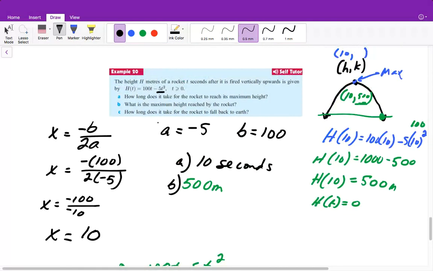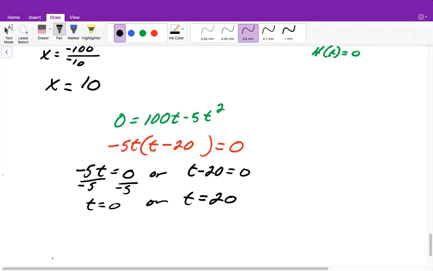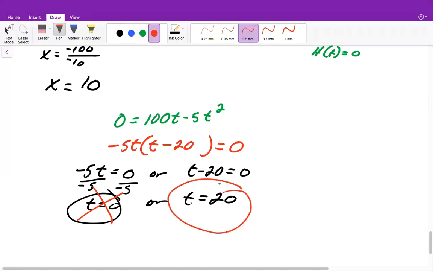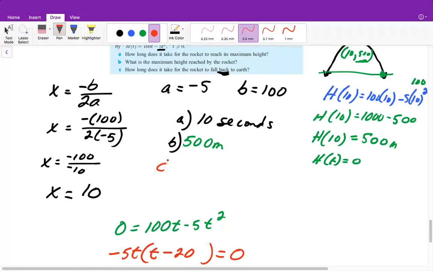It says, how long does it take for the rocket to fall back to Earth? Although the rocket is on Earth at 0 seconds, that means we haven't shot it yet, so it's not falling back to Earth. So we would not say 0 as part of our answer, because we have not shot a rocket in the air yet. In this case, only the positive 20 will be our answer. So for C, how long does it take for the rocket to fall back to Earth? That will be 20 seconds.